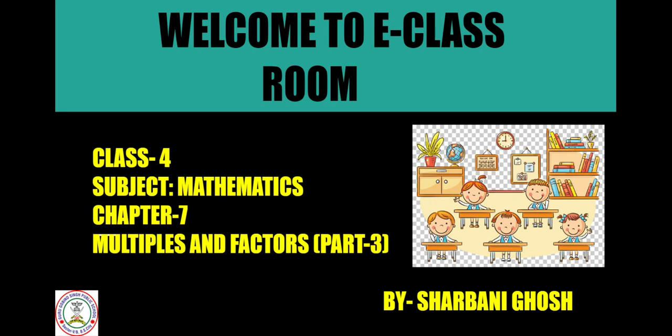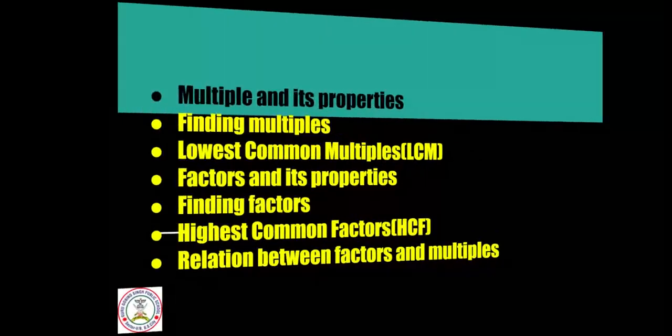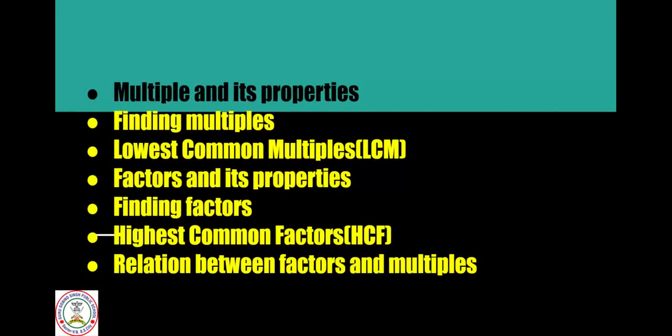In the last two videos, you have learned about multiples, properties of multiples, method of finding multiples, lowest common multiples, factors, properties of factors, method of finding factors, highest common factors, and relation between factors and multiples.